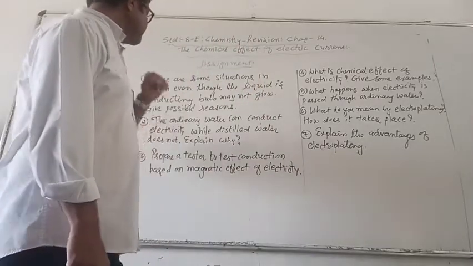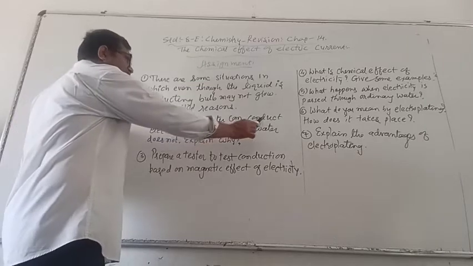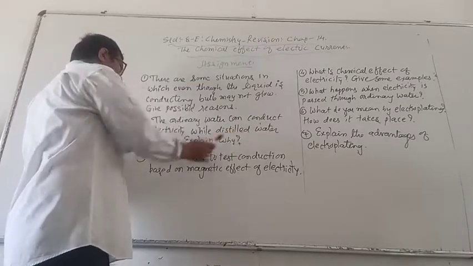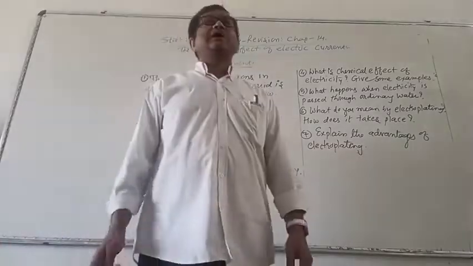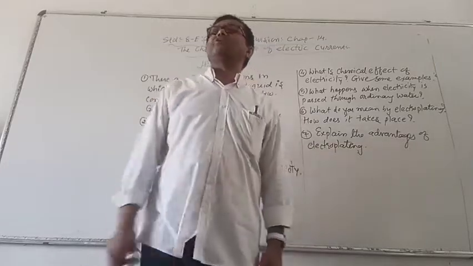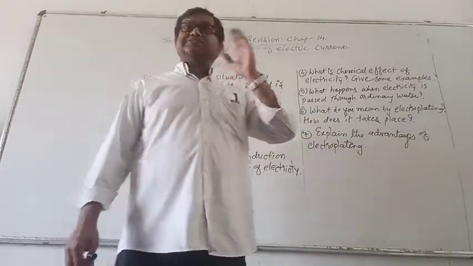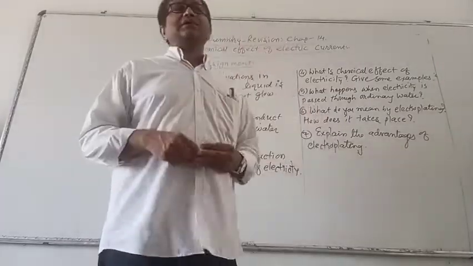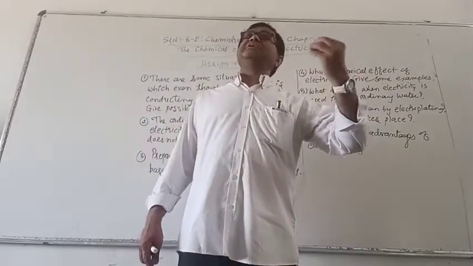The second question is that ordinary water can conduct electricity, while distilled water does not. Explain why. Actually, we already talked about it in the last session. Generally, electricity is due to the flow of free charges.